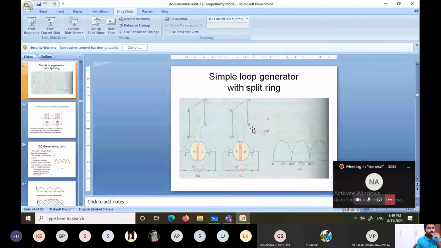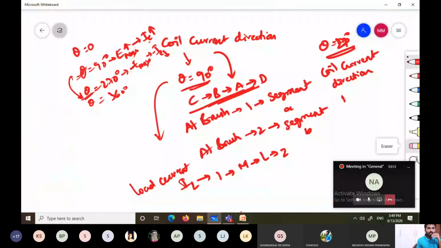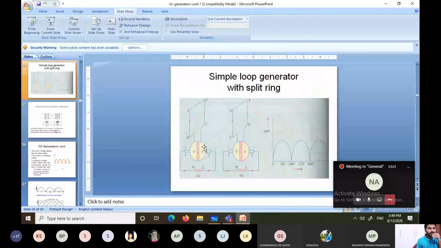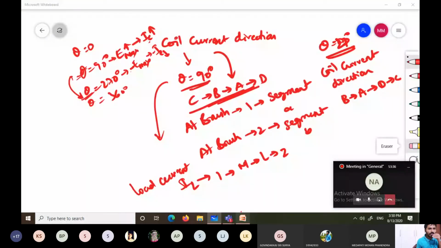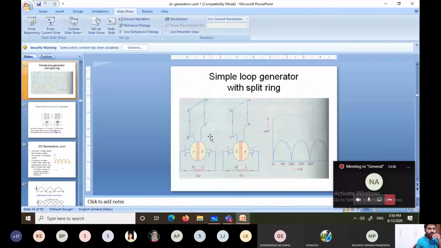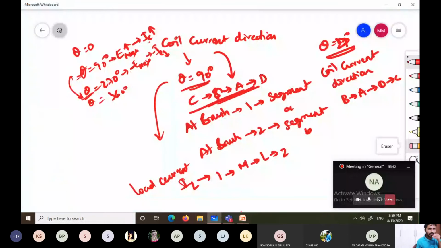The coil current is starting from B to A, A to D, D to C. That means the coil current is B, A, D, C. In the first case, it is starting from C, D, A, B. I have written C, D, and this is D, and this is B, yes.